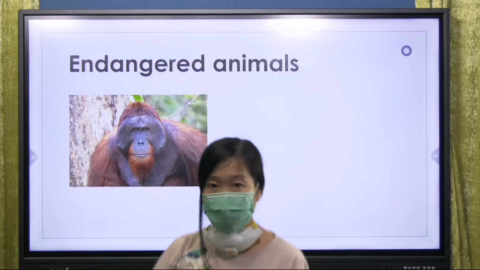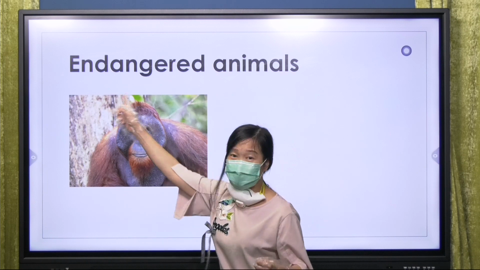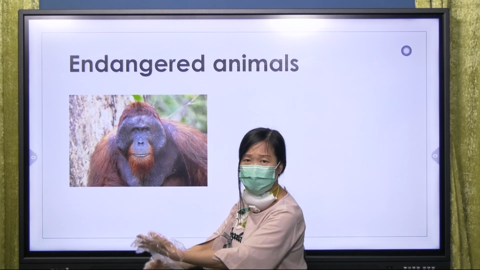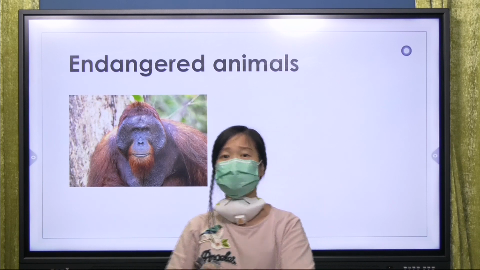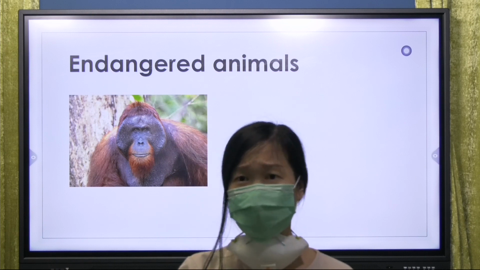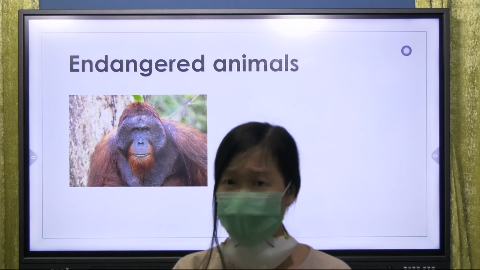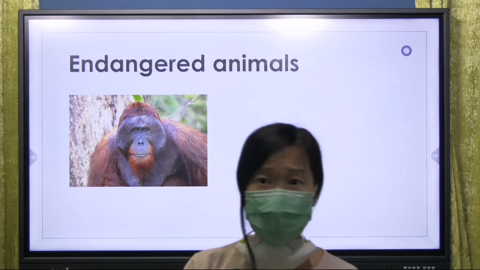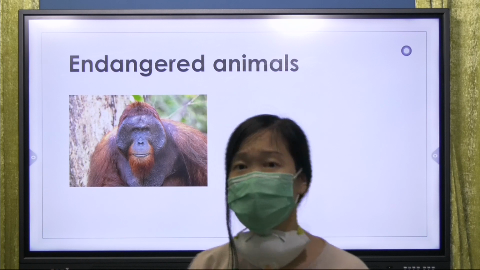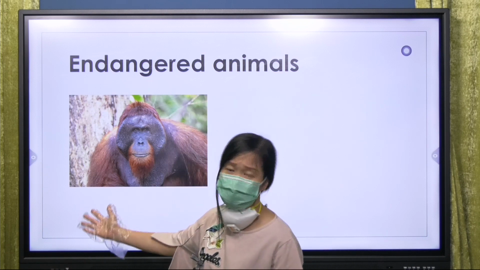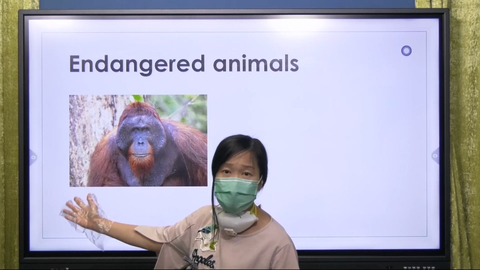But if we are talking about endangered animals, it's the other way around. It's the opposite. People may kill these animals. These animals themselves are endangered. So why are the animals endangered by people? That's what the exercise is about.